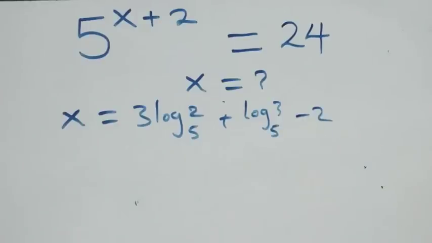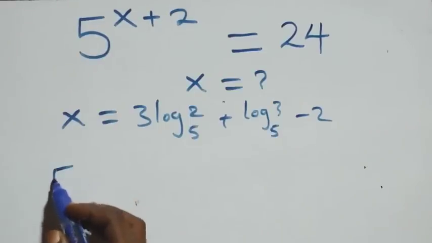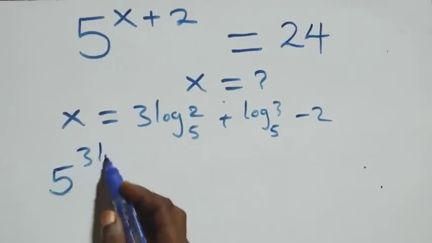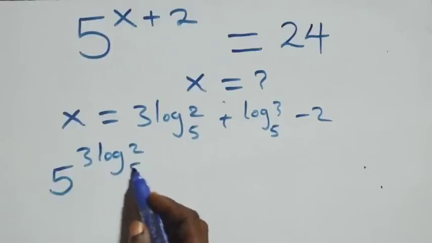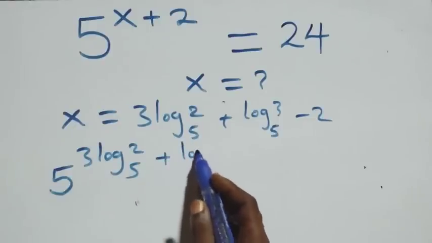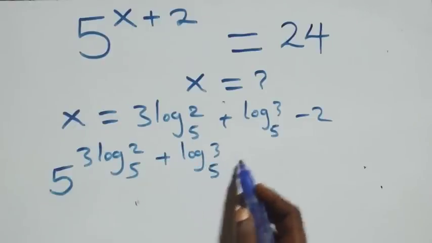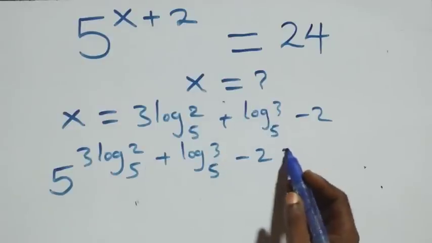Then what we have becomes 5 raised to power 3 log 2 base 5 plus log 3 base 5 minus 2, then plus 2 here.